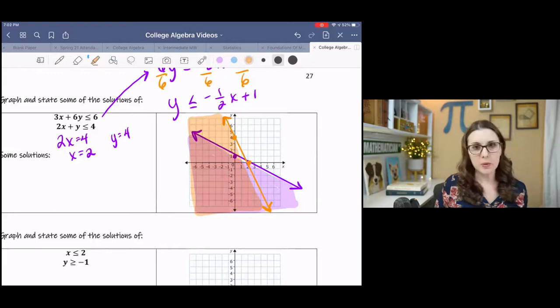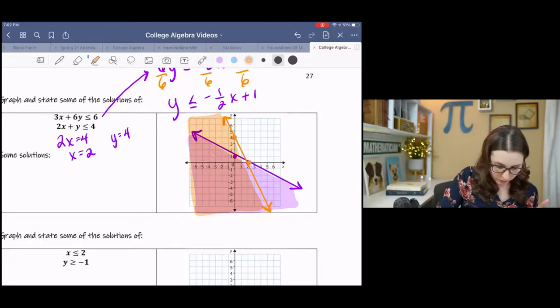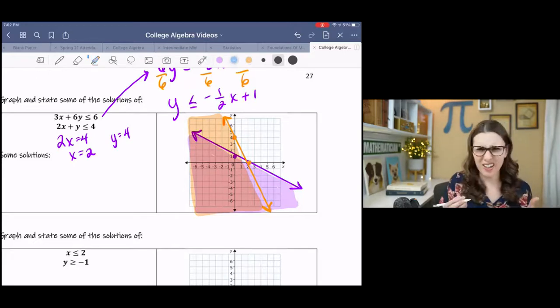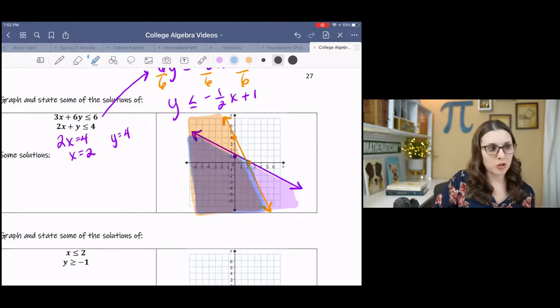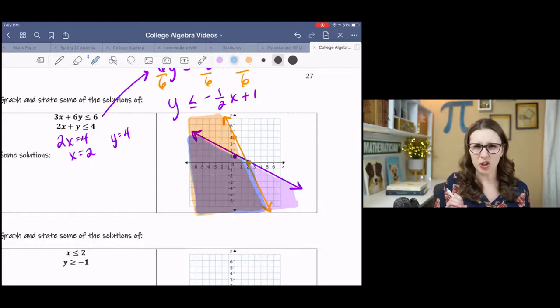And we're going to be able to tell where the shading overlaps, especially with highlighter. I love this about this app, or even highlighters. You can really see where those colors overlap. So here, maybe I can highlight it in blue. Here is the region where our solutions are. See how it's much darker over there?